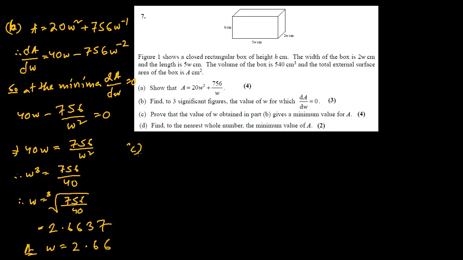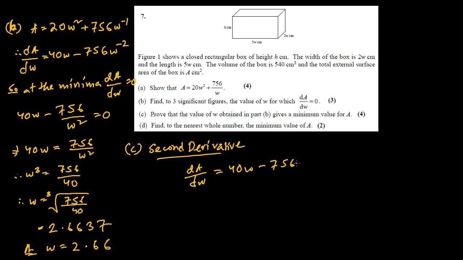Question number C, we have to prove that it is indeed the value of W that we found that would give the minimum value of A. So whenever we have to prove that, it is the second derivative, meaning the derivative of the derivative. So the first derivative was dA by dW equals 40W minus 756W to the power minus 2.